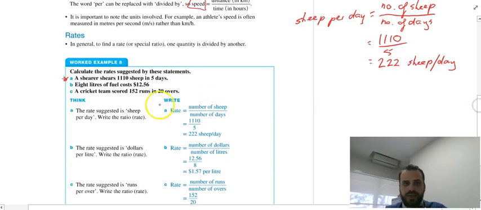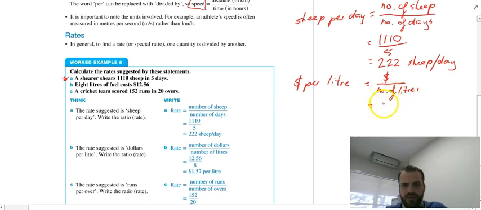A second example here. 8 litres of fuel costs $12.56. Now, the rate there, it's similar to the banana example we had earlier. The rate is dollars per litre. And that's going to be equal to dollars, the money, divided by the number of litres.